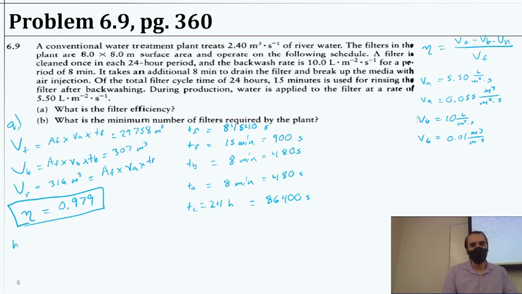So part B is asking us, okay, well, what is the minimum number of filters required by this plant? So we had, Q total that we have to meet is 2.4 cubic meters per second. How many filters does it take to get there given these conditions? So in this case, we're going to need our effective loading rate.